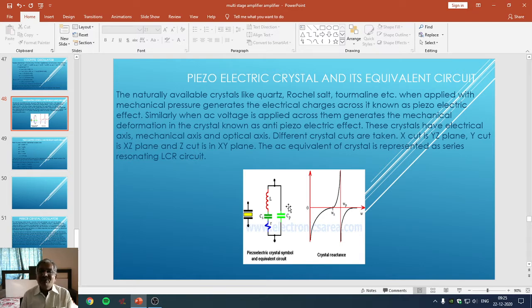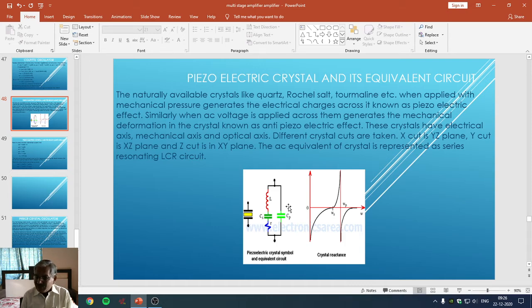The piezoelectric effect is used in the Pierce crystal oscillator, whereas the anti-piezoelectric effect is used in the magnetostriction oscillator to generate mechanical waves, especially ultrasonic waves.